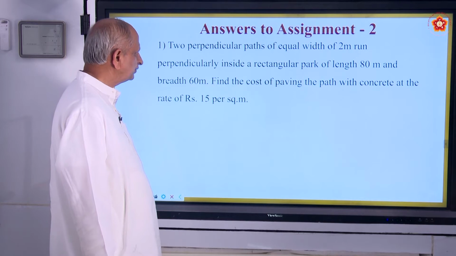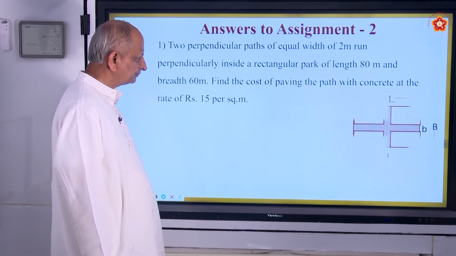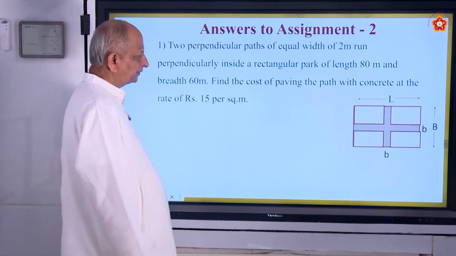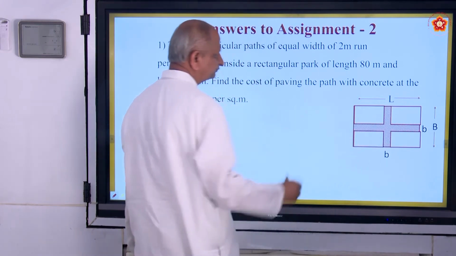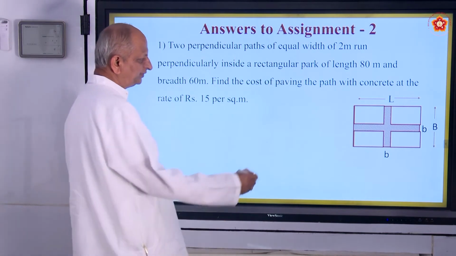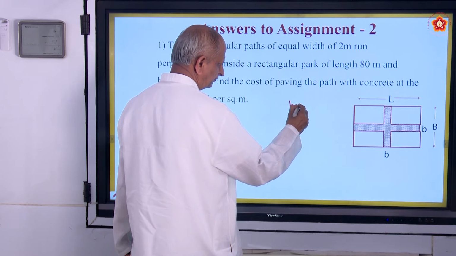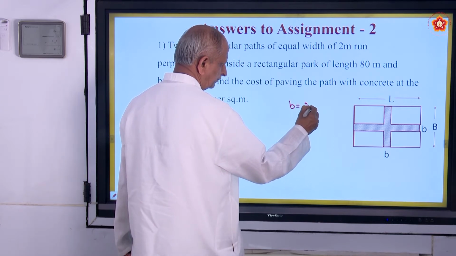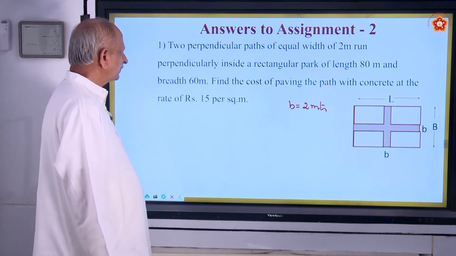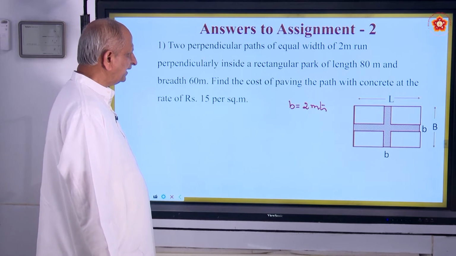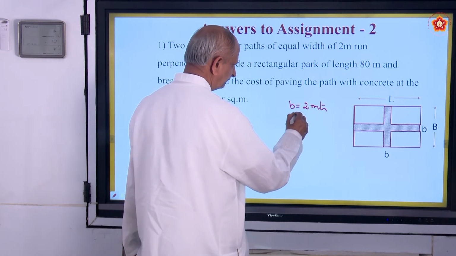The first question was: 2 perpendicular paths of equal width of 2 meters. So these are the perpendicular paths, and the width of the path is 2 meters, which run perpendicularly inside a rectangular park of length 80 meters.